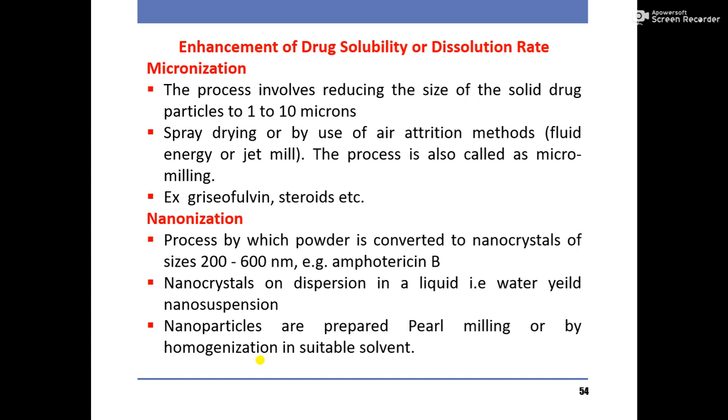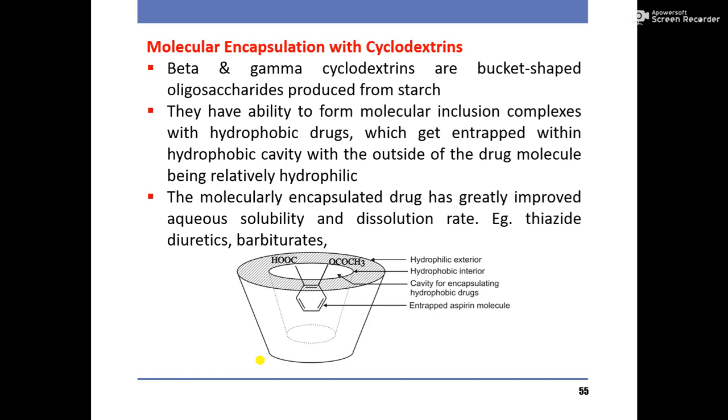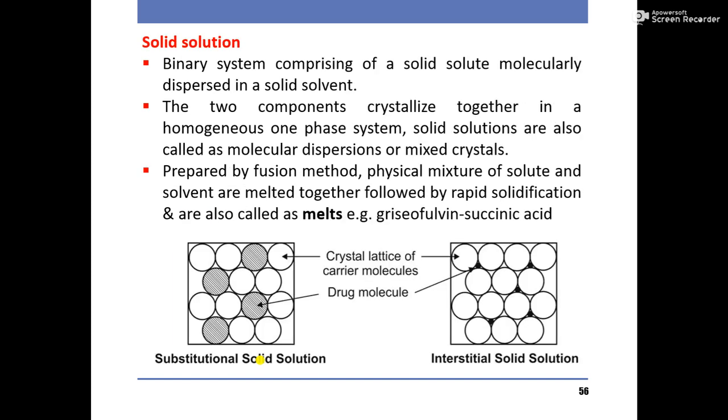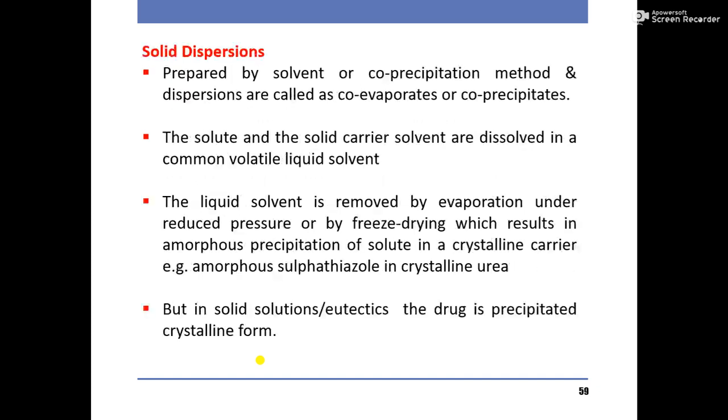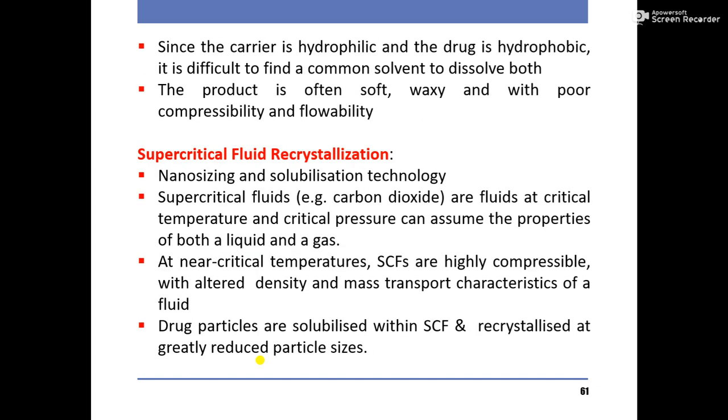If you want to enhance the bioavailability of a drug, first you have to check the drug solubility profile and the dissolution rate, which is directly correlated. In this lecture I explained the micronization and nanonization process, molecular encapsulation with cyclodextrins, solid dispersions, eutectic mixture, their advantages and disadvantages, and supercritical fluid recrystallization.